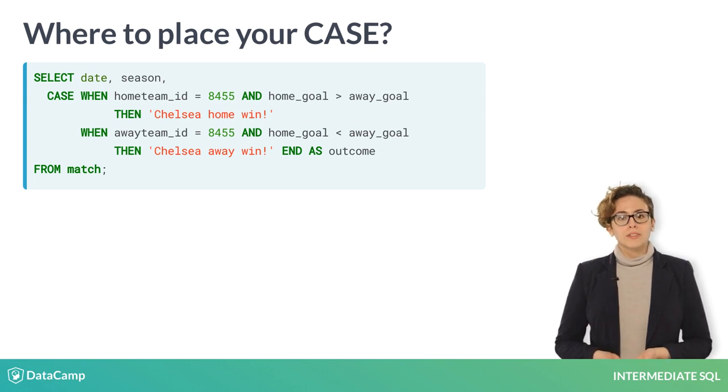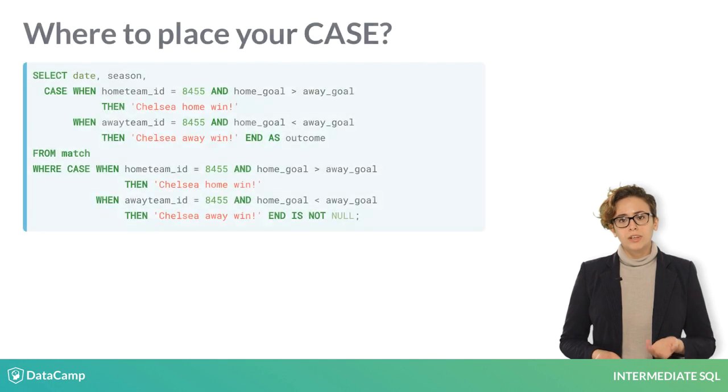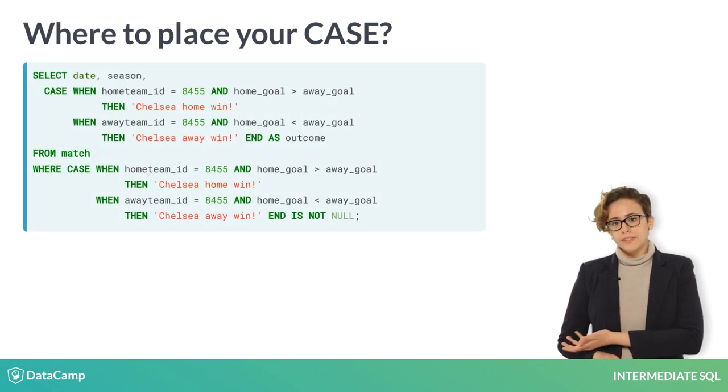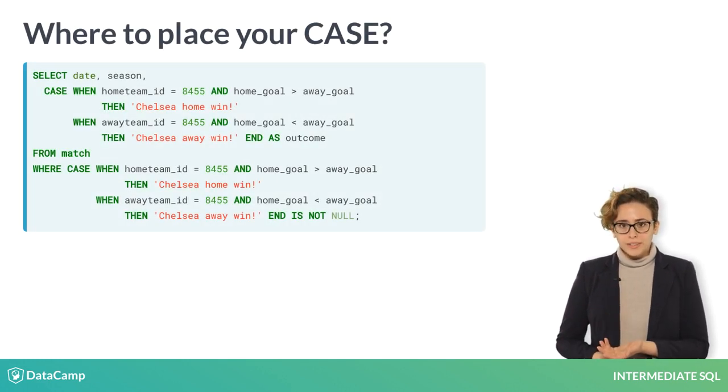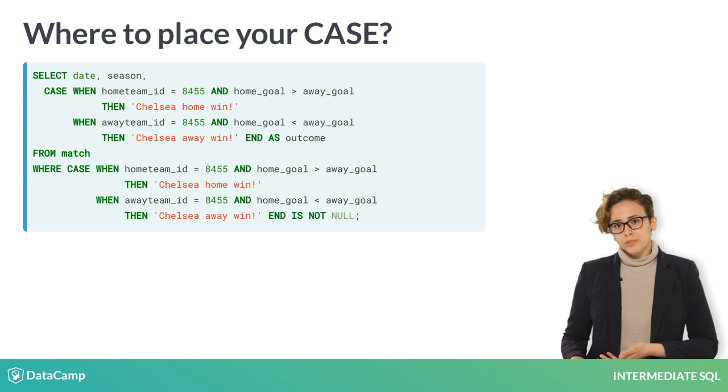To correct for this, you can treat the entire case statement as a column to filter by in your where clause, just like any other column. In order to filter a query by a case statement, you include the entire case statement, except its alias, in where. You then specify what you want to include or exclude.